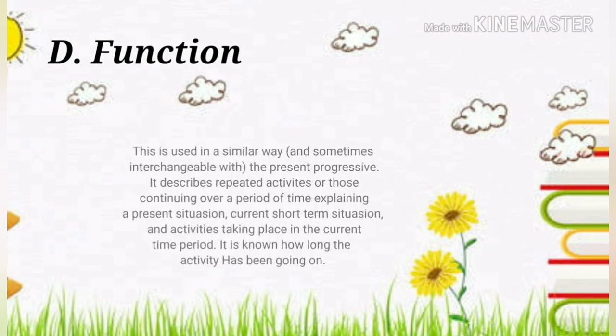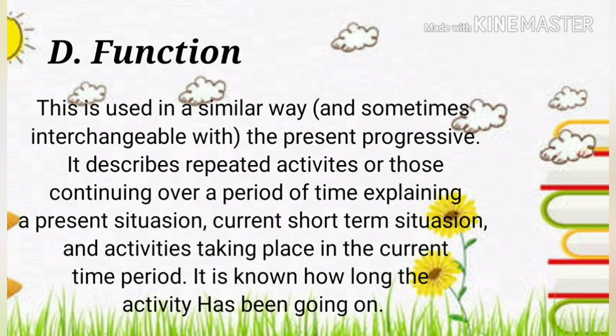Function. This is used in a similar way to, and sometimes interchangeably with, the present progressive. It describes repeated or continuing activities over a period of time, explaining a present situation, a current short-term situation, and activities taking place in the current time period. It shows how long the activity has been going on.